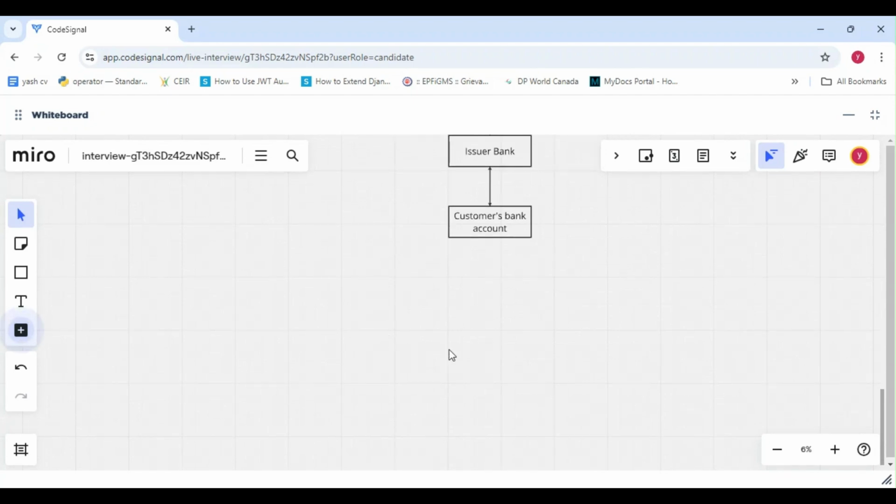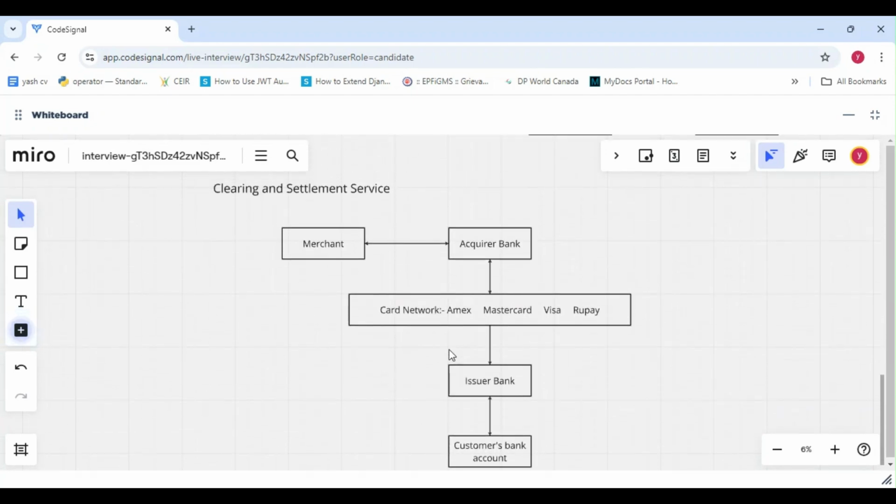Now let's talk about the actual system design of, let's say, this payment gateway, the payment system architecture.